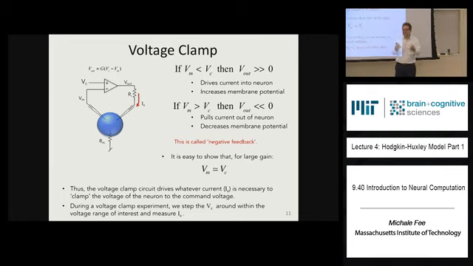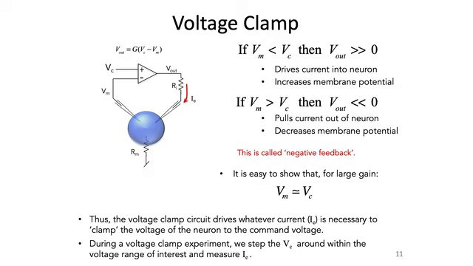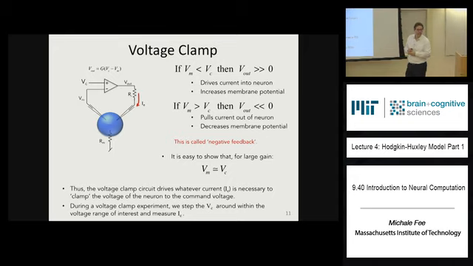The cell tries to spike, those currents turn on, but this thing keeps the voltage locked at whatever it is that you want the voltage to be. Okay? And then you measure the amount of current required. You just measure the amount of current flowing through this resistor here that's required to hold the cell at any voltage. All right, any questions? Voltage clamp, very cool.